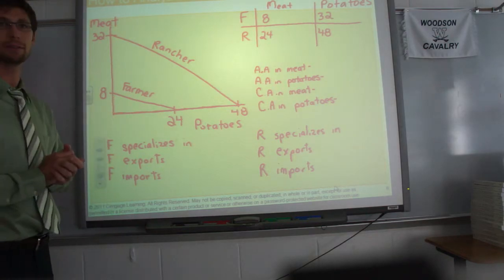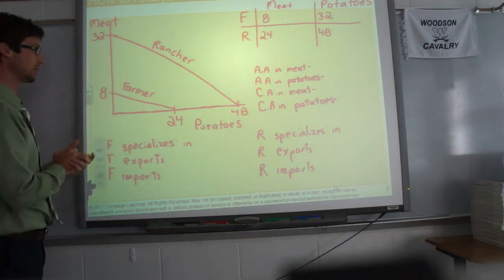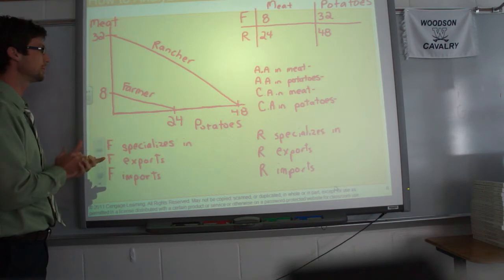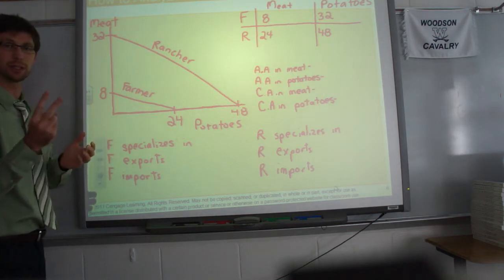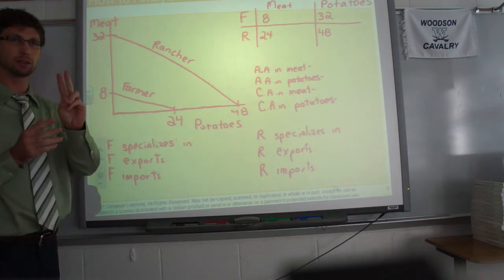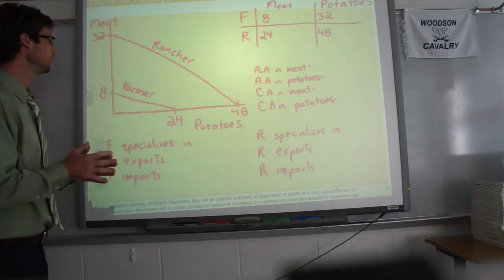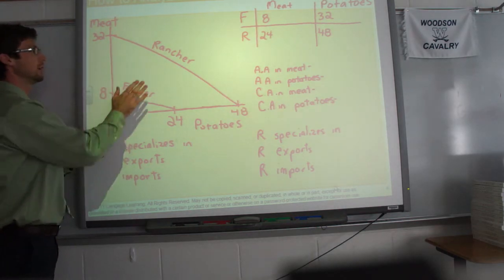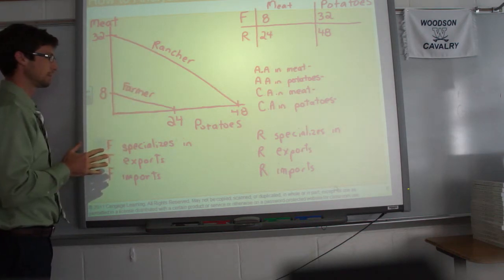So here we have two production possibilities frontiers. You have two people, and that's what you always have with production possibilities. You have either two people or two countries. You have a farmer here and you have a rancher.